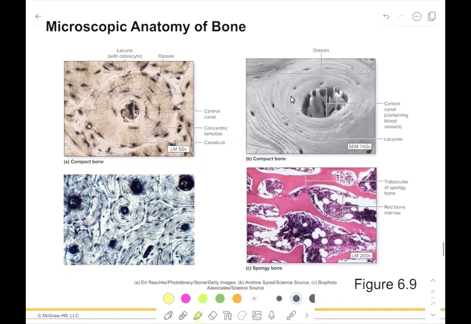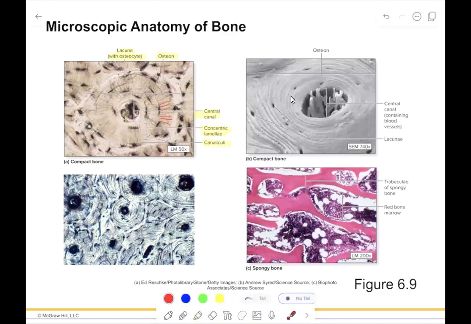So this is showing our microscopic anatomy of compact bone, specifically the osteons. So we can see an osteocyte within a lacuna, our central canal in the middle. The concentric lamellae are surrounding it. And then the lines that you see in this direction, where I am drawing the red lines, in this case, are called canaliculi.